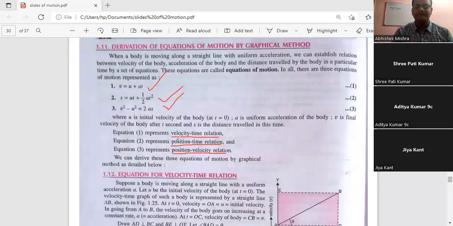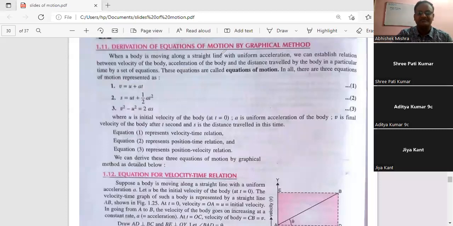So all of you have understood the introductory part? Yes or no? All the students give me the reply through the chat box. The introductory part I am asking, and one by one now we will be going to do the three equations of motion.